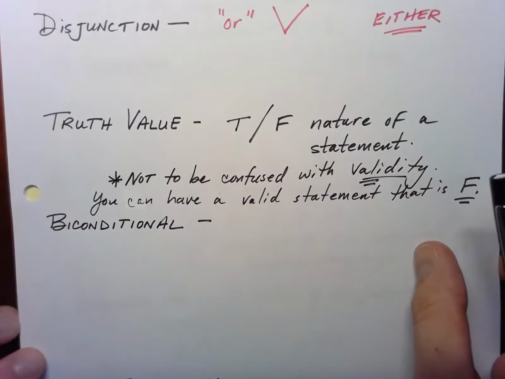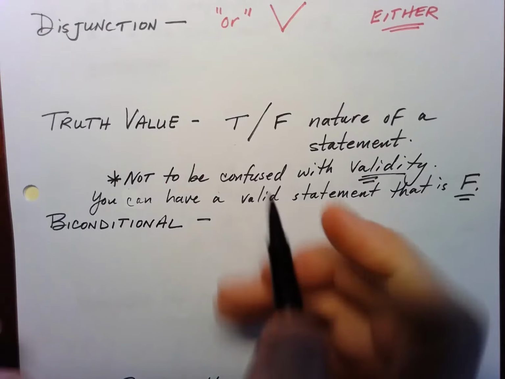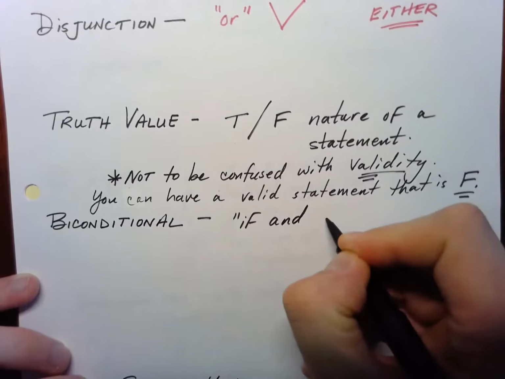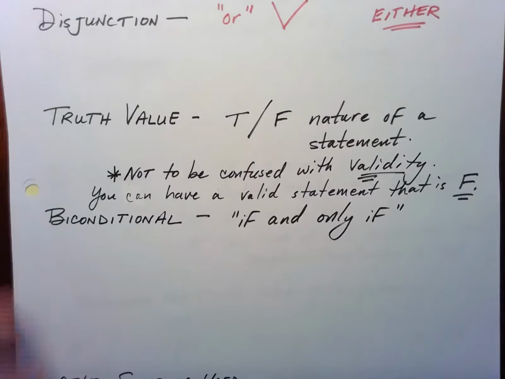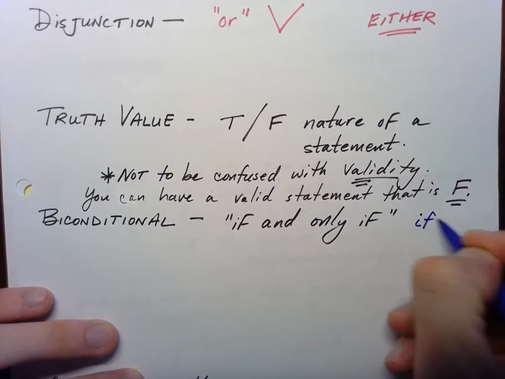All right, biconditional. This is a really, really neat one. Biconditional is what we call in math if and only if. And the symbol that we use for this is iff, lowercase iff.